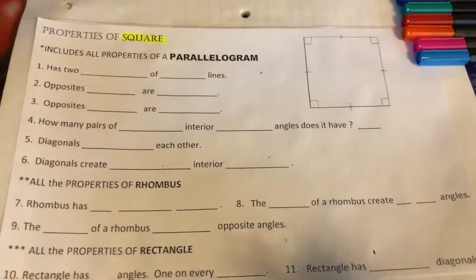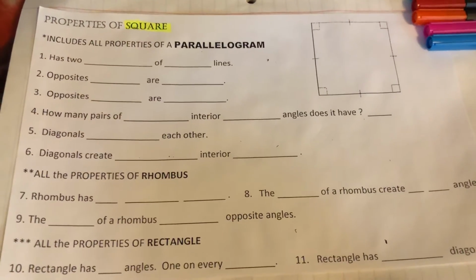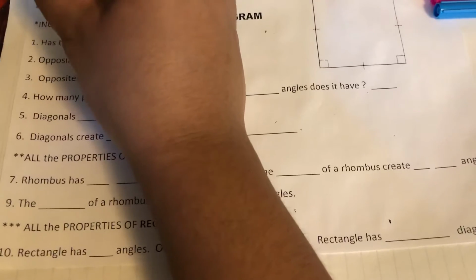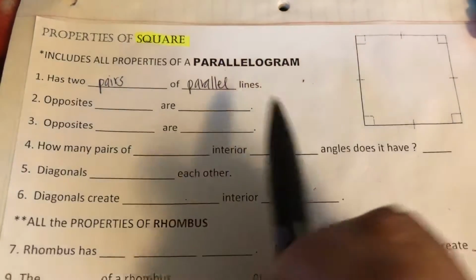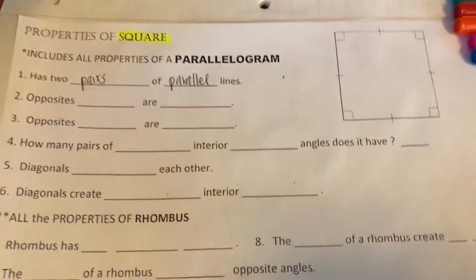A parallelogram has two pairs of parallel lines, and the square gets this from the parallelogram, so it has the same thing.